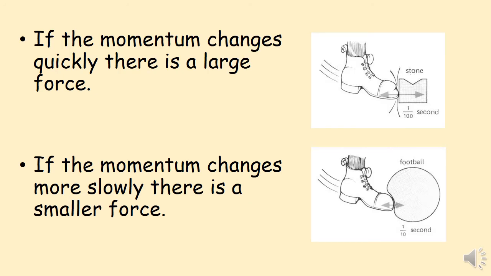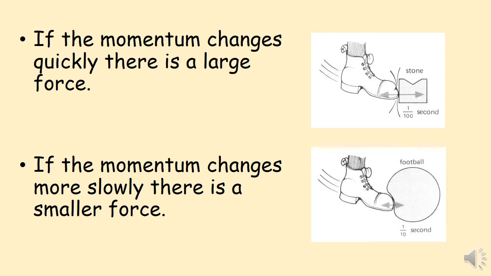So let's look at one implication of that. We have here somebody kicking a stone and somebody kicking a football. Now we know that the stone is a hard surface, it's not got any give in it. The football, however, is softer and it's got some give in it. As you kick it, the surface compresses in slightly.